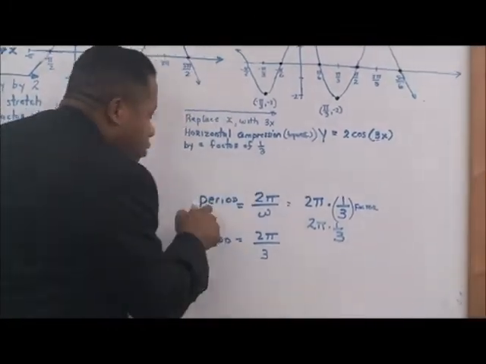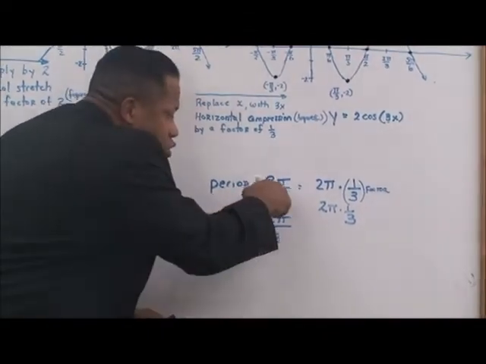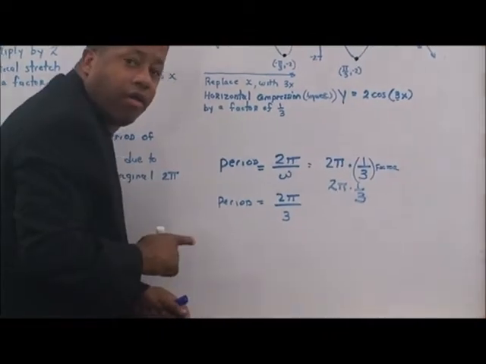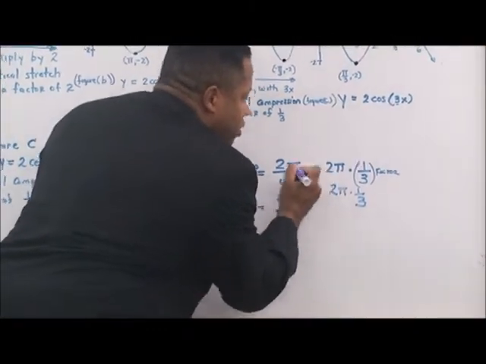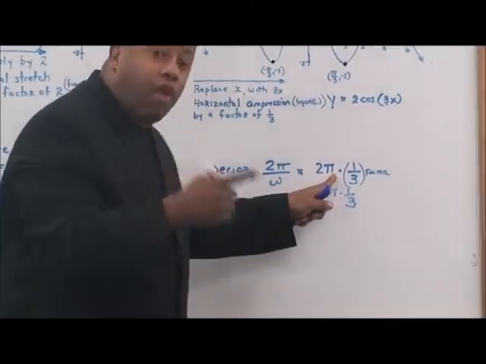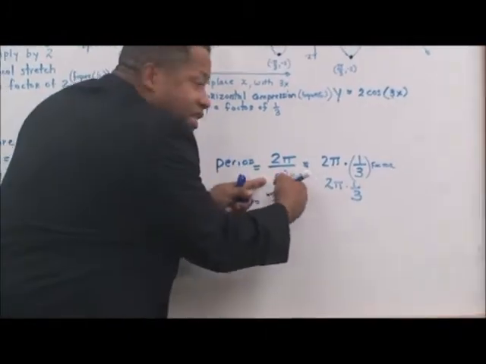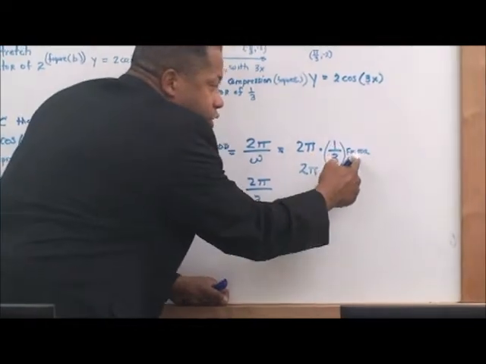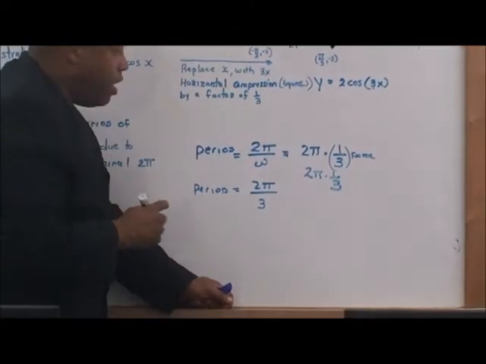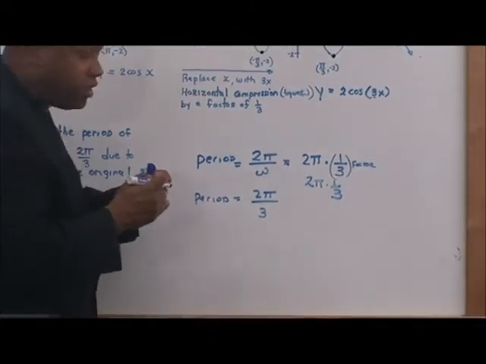The period is equal to 2 pi divided by omega, which I'm writing differently as 2 pi times 1/3, that's the factor that causes this horizontal compression.